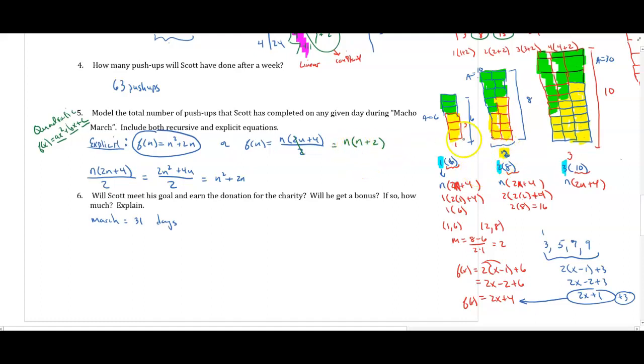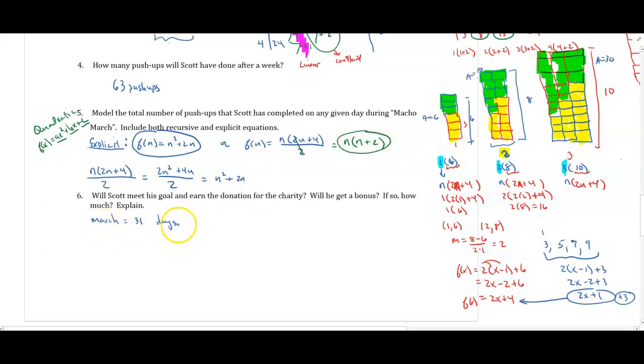And if you look here, if I were to use this one, would that work? Some of you may have noticed that I could just take the number of days and multiply it by the number of days plus 2, right? Does that work? That's something to think about. So if I look, would this work?